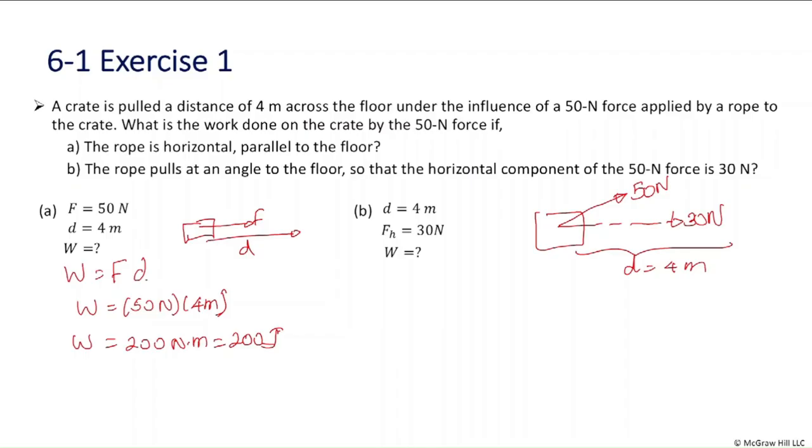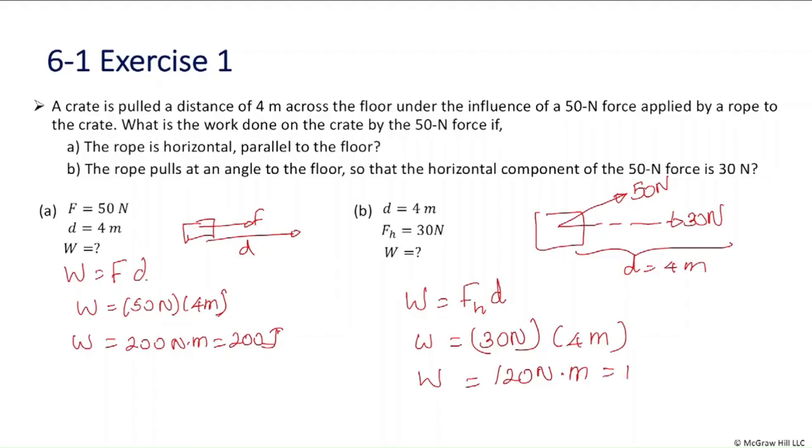So we use the horizontal component. Therefore work done is the horizontal component of force times the distance. So here horizontal component is 30 Newton and the distance is 4 meter. Therefore work is 120 Newton meter, or 120 joules. So when the rope is angled, the work done is less, 120 joules in this case.